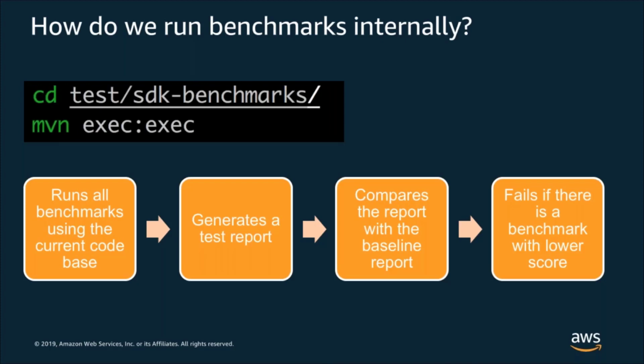After that, it compares the report with a baseline report, which is a JSON file in the same repo. And finally, it fails if there's a benchmark with a lower score. So we just run the benchmarks to find out which benchmark fails, and we know where we should look into.